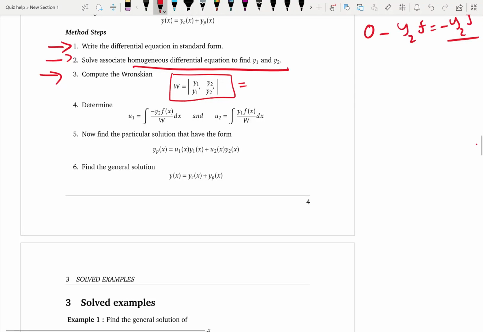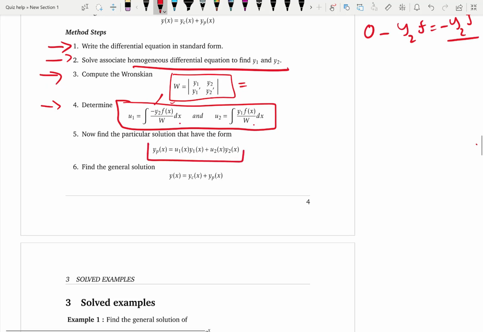Now we use the formulas given here for u1 and u2, because you already know y2, you know f, you know w. So you just do a simplification inside the integral and you do an integration twice, here and here. Then you can find u1 and u2.